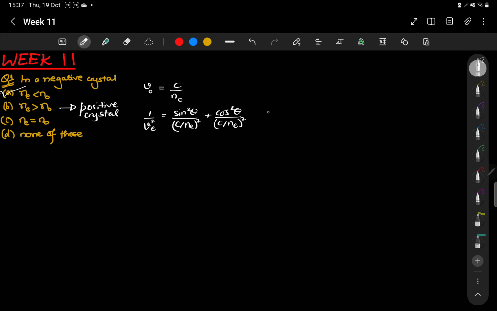Now over here, theta is the angle between the ray and the optic axis of the crystal.